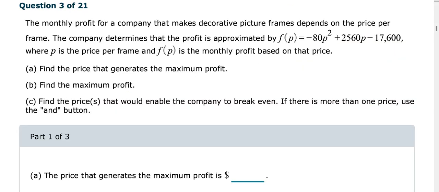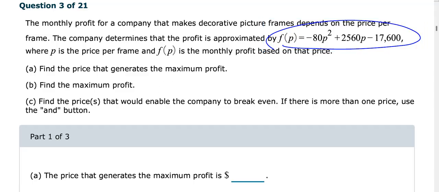Number 3, the monthly profit for a company that makes decorative picture frames depends on the price per frame. The company determines that the profit is approximated by that formula, where P is the price per frame and f of P is the monthly profit based on that price. Find the price that generates the maximum profit.